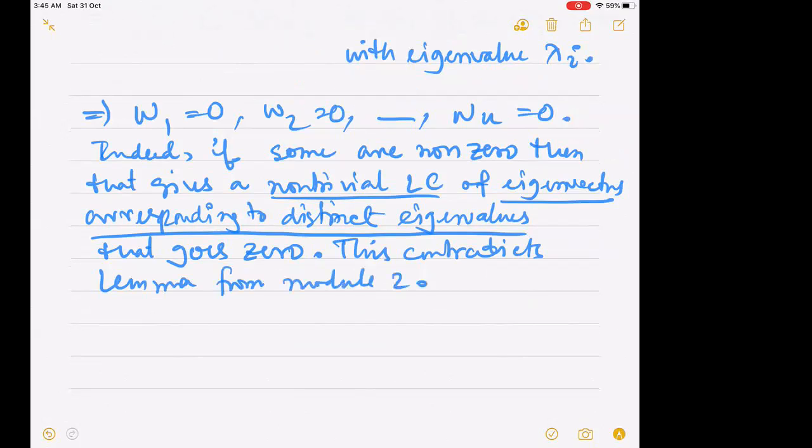In module number 2 we have actually proven that if there are distinct eigenvalues, then corresponding eigenvectors are linearly independent.